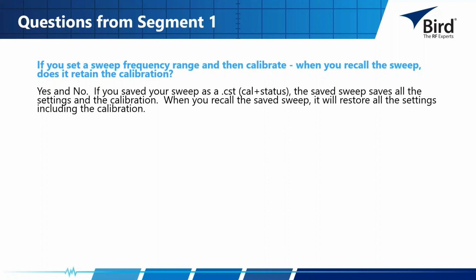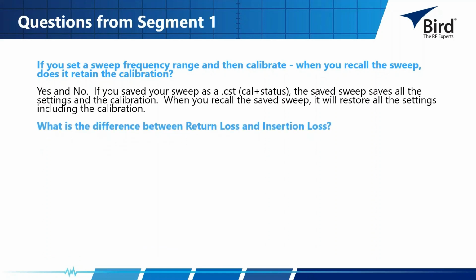When you recall that saved sweep, it will restore all the settings, including the calibration, from when you saved it. But if you are currently on a new sweep with new settings, it will be overwritten. And that's why I say yes and no.